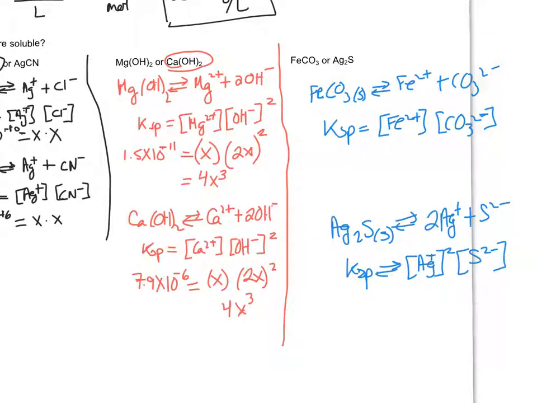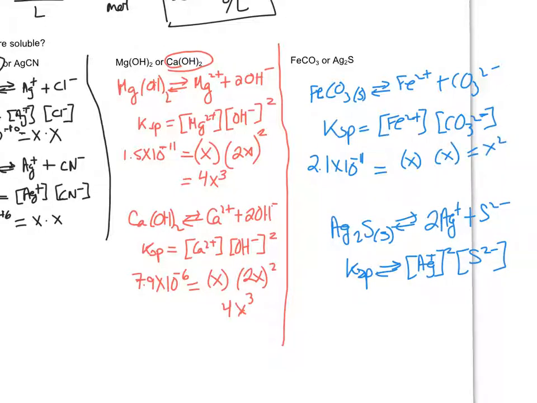So, if you wanted to find what the concentration of the FeCO3 or the Ag2S would be in a saturated solution, you would say, well, let's set that equal to X, and you'd look up your Ksp. My Ksp for the FeCO3 was 2.1 times 10 to the negative 11th, and you'd say, well, if the FeCO3 concentration is X, then this is also X, and this is also X, which is X squared.